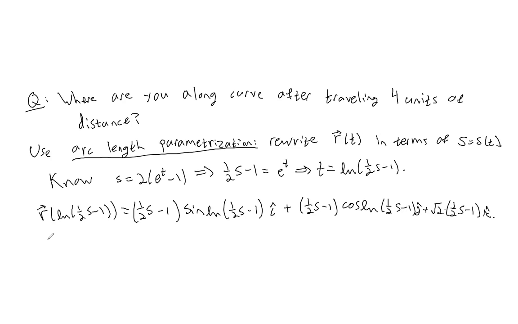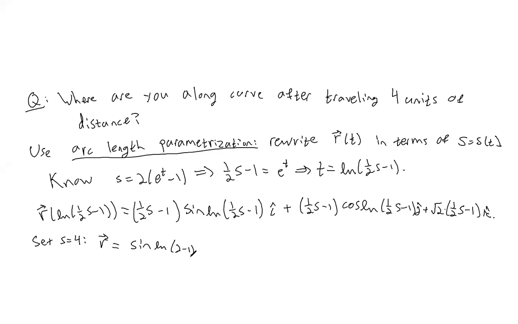All of which is to say that what we have at this point, so where are we after 4 units of distance? Well, after 4 units of distance, set s equal to 4. Your position in that case becomes r equals 1/2 of 4, so 2 minus 1, in other words, sine of ln of 2 minus 1.